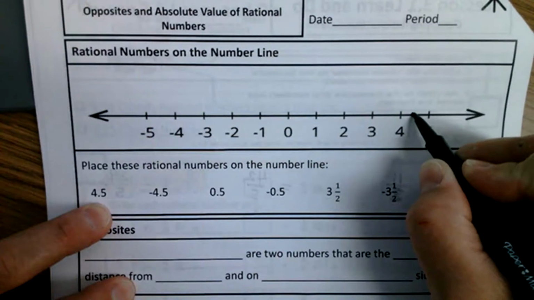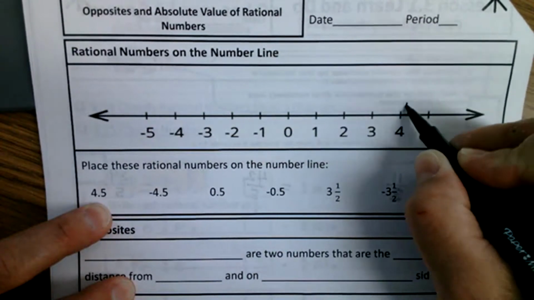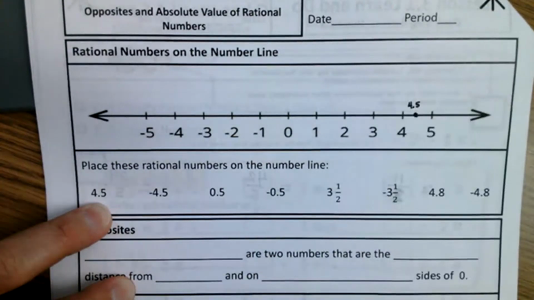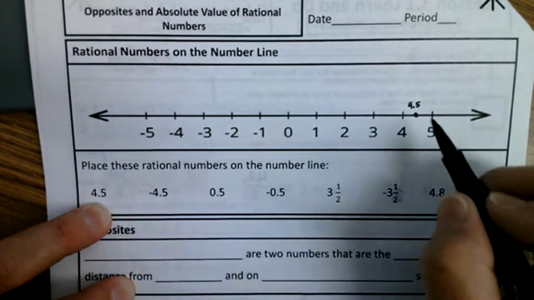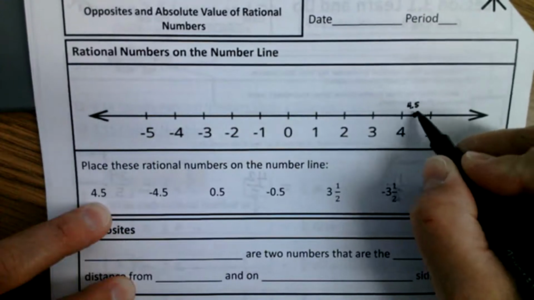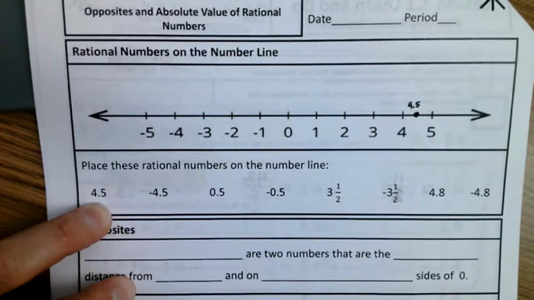So 4.5 is right about there, and I'm going to label that 4.5. I labeled it kind of small because more numbers are going to need to fit in there.